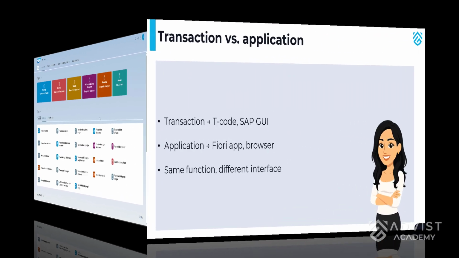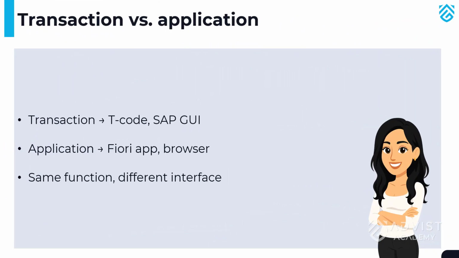An application in Fiori basically corresponds to a transaction in the classic world, but in a more modern form. While a transaction in the SAP graphical user interface works via masks and input fields, a Fiori application is often more interactive, with dashboards, diagrams, and filter options. This allows information to be captured and processed more quickly.